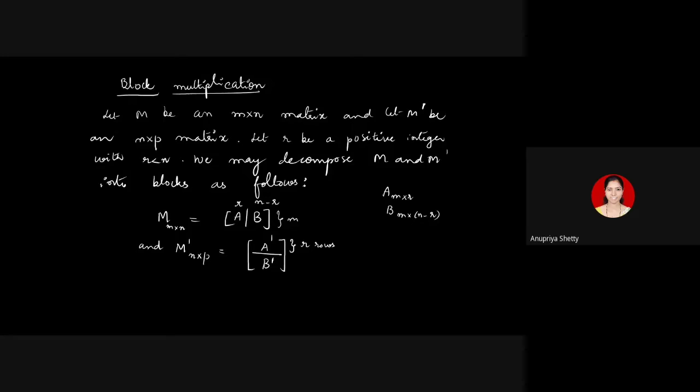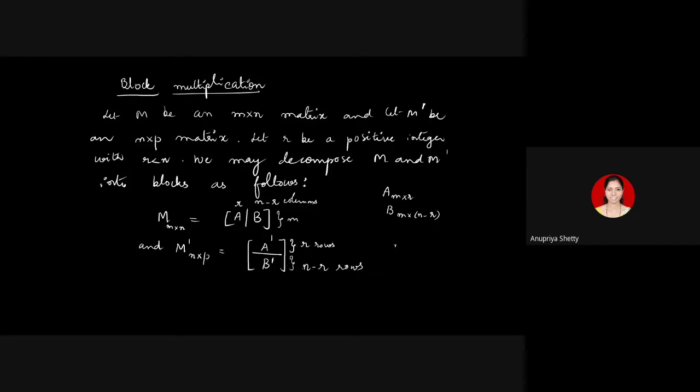Remember, in M it is a separation after R number of columns; in M dash you make a separation after R rows. So how many rows will B dash have? M dash had N rows, you made a separation after R rows, therefore B dash has N minus R rows.